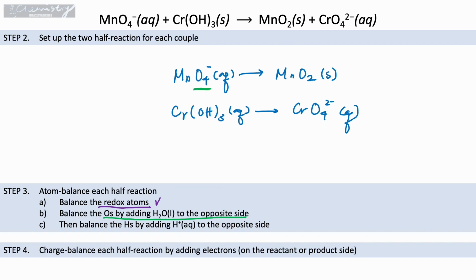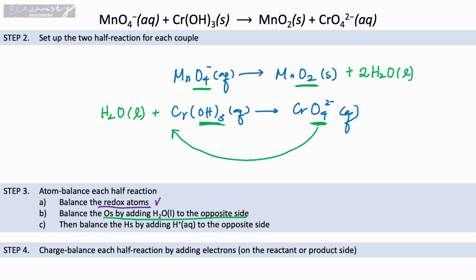So we can see that this side we have 4 oxygens. This side we have 2 oxygens. So we're going to add 2 water to add 2 more oxygens to the right side. And then this side we have 3 oxygens, 4 oxygens. So we're going to add 1 water on the left side to balance out the oxygens.